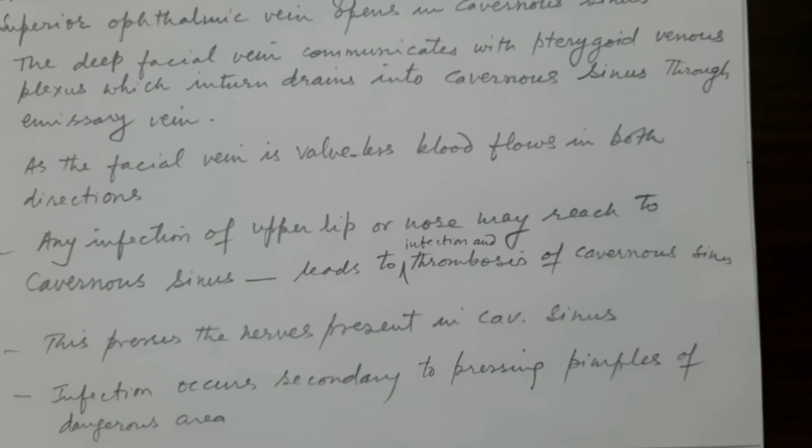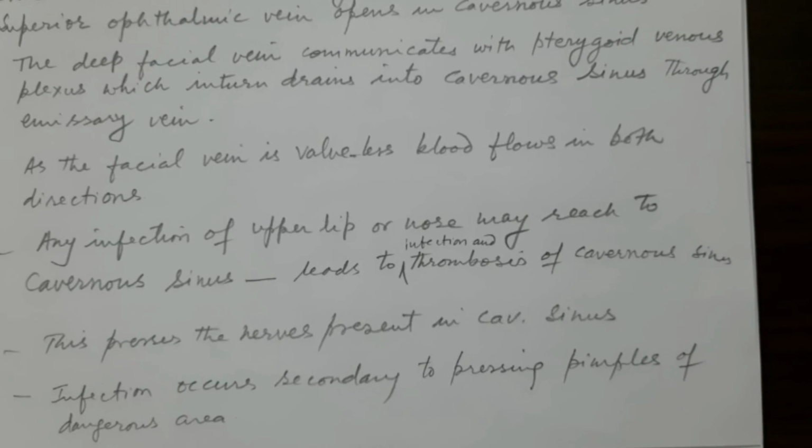They are all going through the cavernous sinus. This may lead to pressure on these nerves, and then these nerves may show the effect. What effect may be there? Because most of these nerves are going to and supplying the extraocular muscles, the movements of the extraocular muscles may be affected.